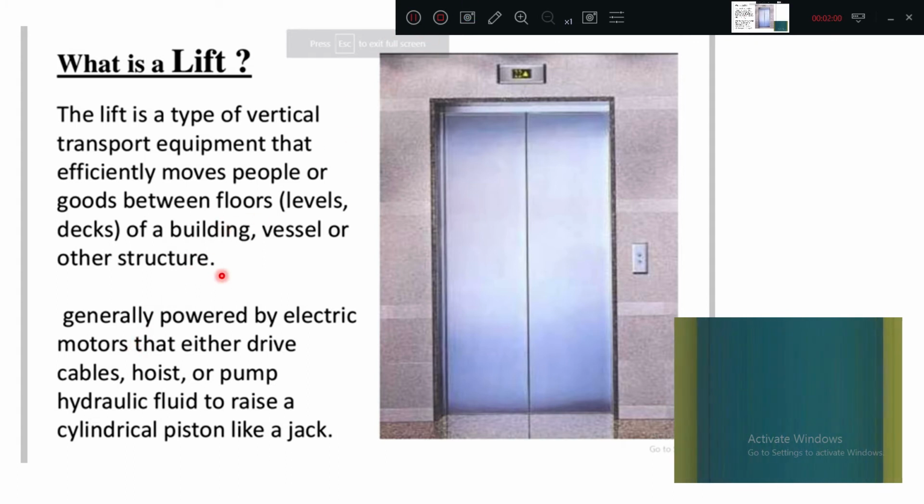It is generally powered by electric motors that either drive cables or hoist, or pump hydraulic fluid to raise a cylindrical piston like a jack. See, there are two things. This cab, or this total assembly, is called a lift. This small moving portion we call a car or cab.